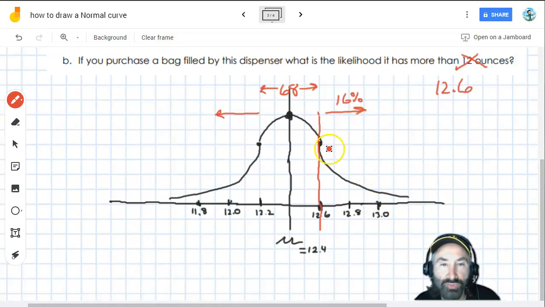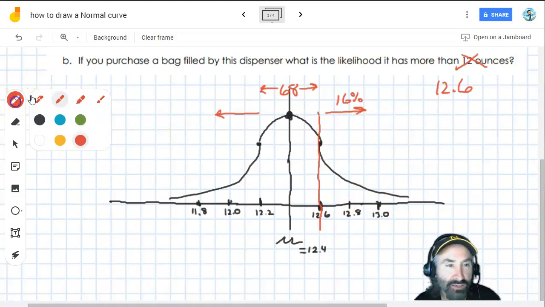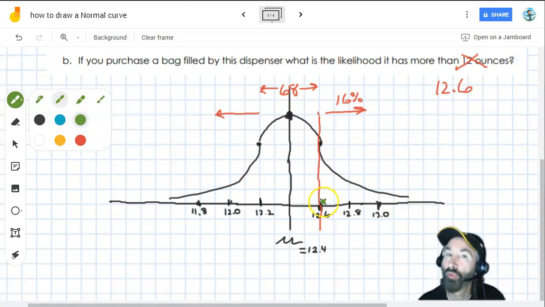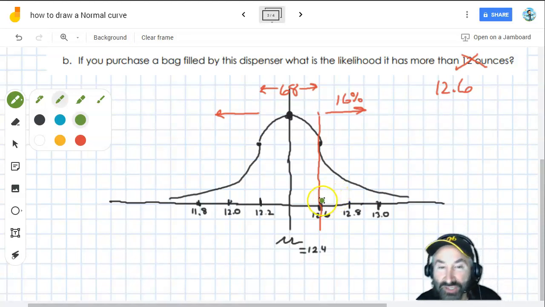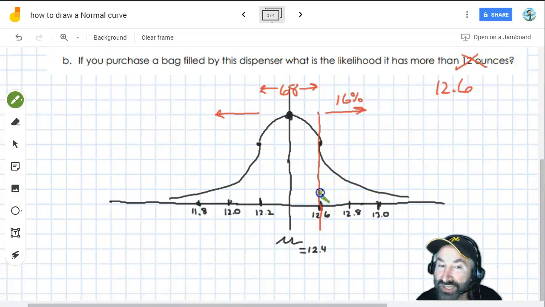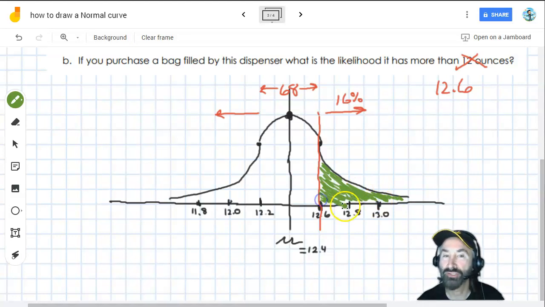Now, let's go ahead and do some shading because I am telling you that a diagram, a normal curve picture, is required. Make a picture, rule number 1, 2, and 3. And the picture should have the shading that represents the context of the problem. So in this case, we're going to shade everywhere above 12.6. And by the way, this helps us to do a sanity check on whether our answer is correct.